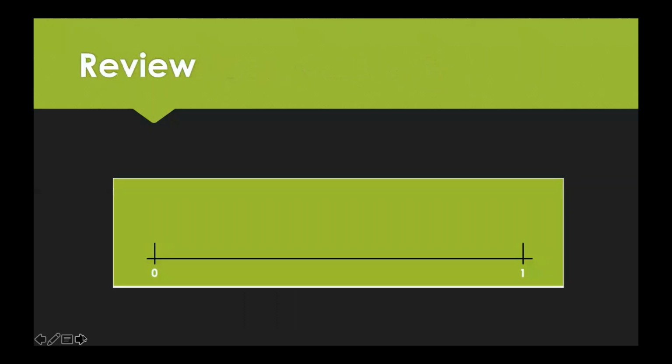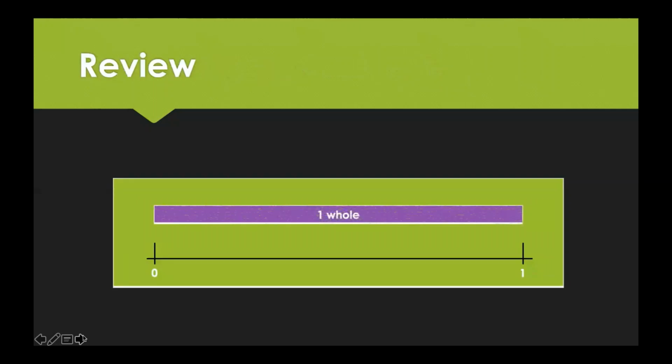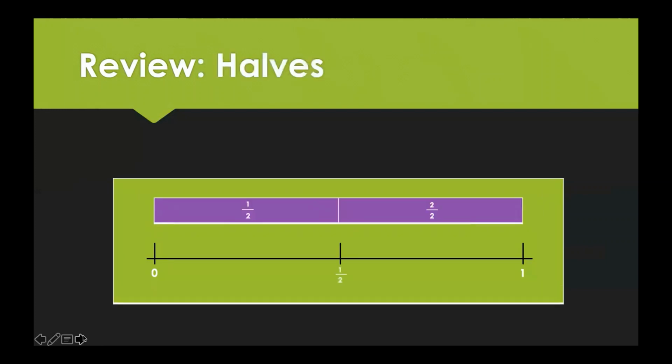Now, remember the space between the start and the end point indicates our whole, the whole that we have to divide into an equal number of parts or pieces. So, let's look at halves.